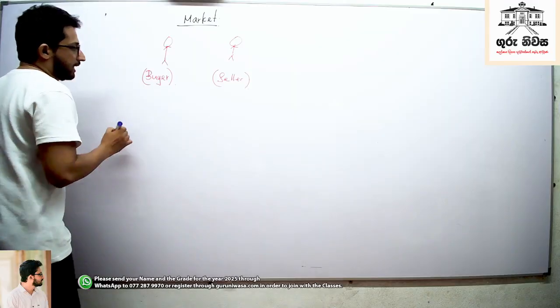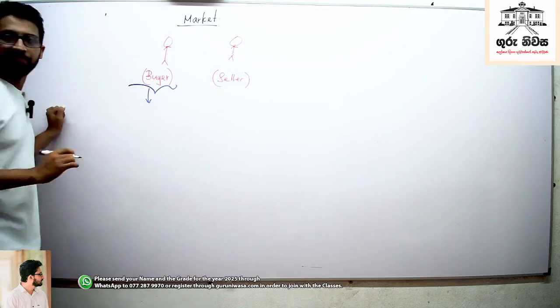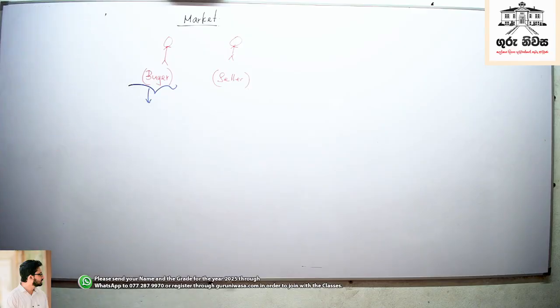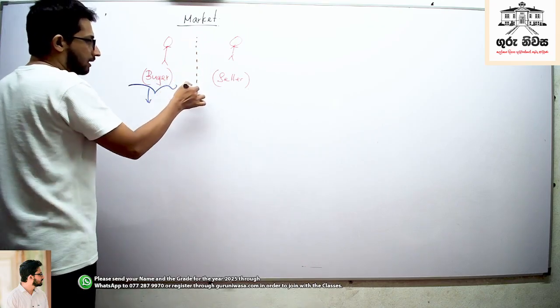My next question is, what is the main objective of a buyer? Why do buyers go to the market? What is the purpose of buyers? What do buyers expect from the market? To get good quality products.